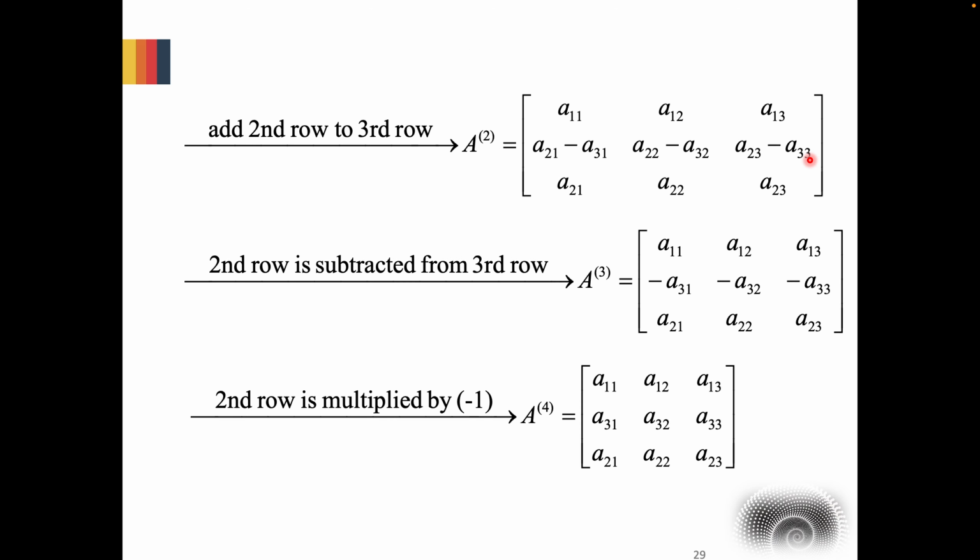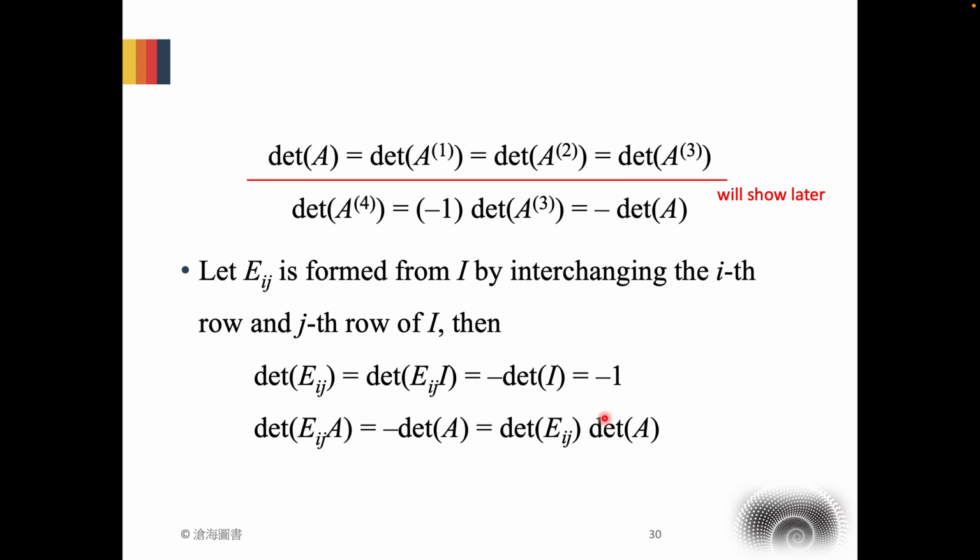A2 is also type 3 operation. A3 as well. They are all type 3 operations. Only A4 is the type 2 operation, right? And in fact, if we do type 3 operations on a matrix, the determinant will not change. This part will be shown later.